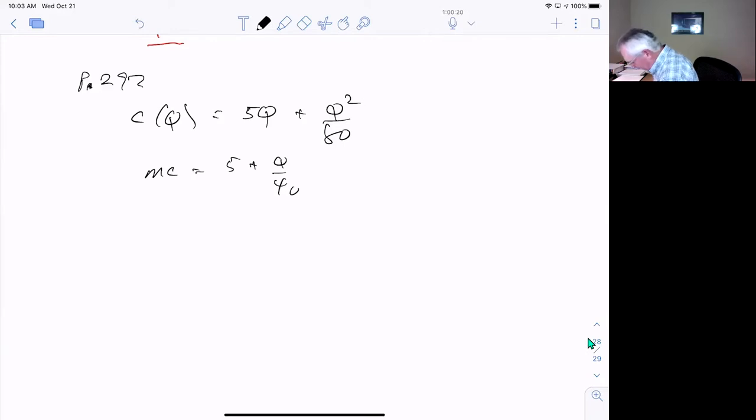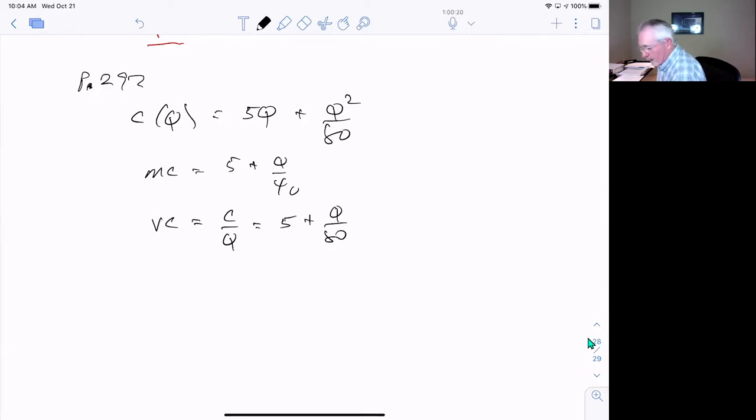So variable costs are going to be simply the total cost of Q divided by Q. So it's going to be C over Q. So that will be 5 plus Q over 80.